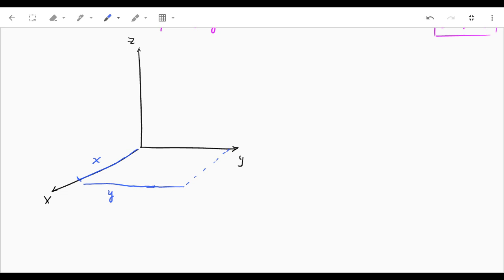That would kind of be projected that way. And then we would have a z, and there would be our point. And in fact, we could complete that kind of rectangle. Obviously, why we call it rectangular coordinates.